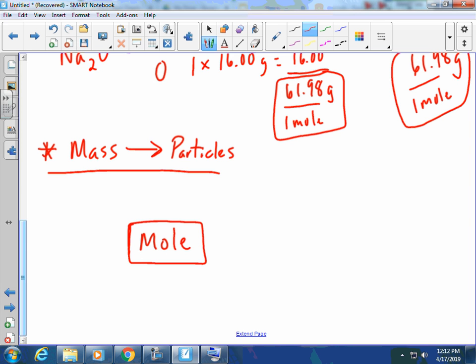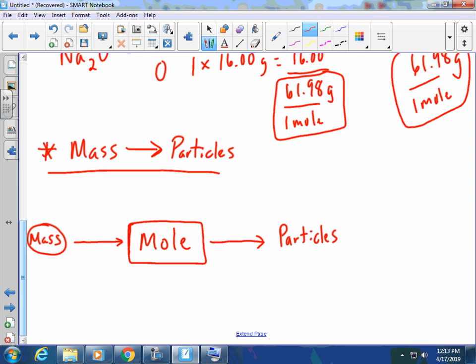And so really what we're going to be doing is trying to go from mass to moles, and then from moles, we can go to particles. Now, since we call this a mole roadmap, I think of those arrows as roads.